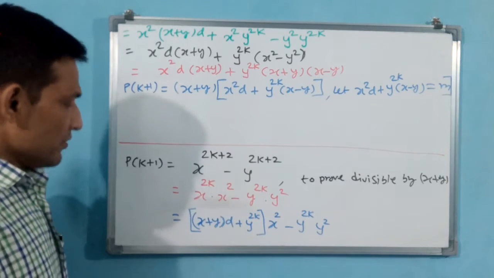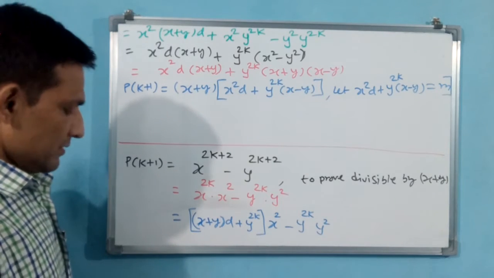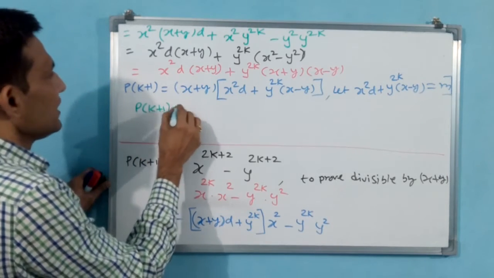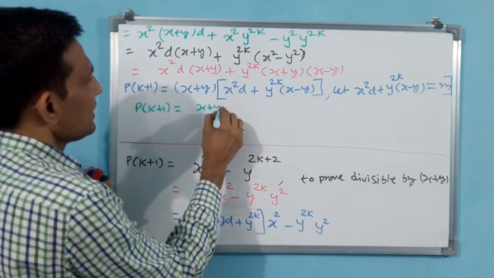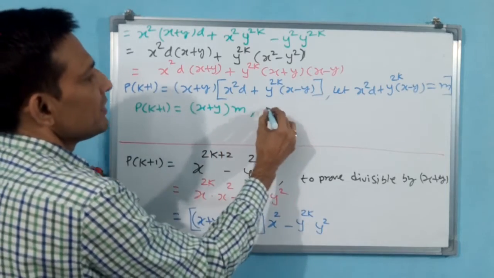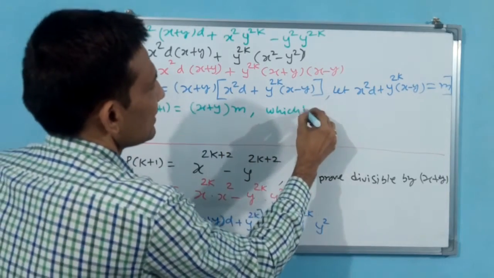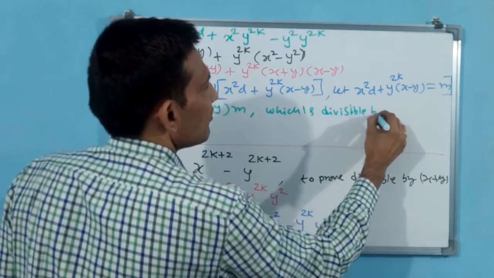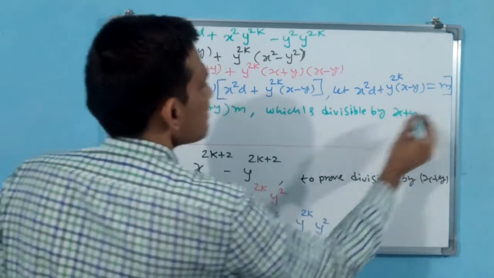Now this statement, how can you convert? Finally, P of k plus 1 is equal to x plus y into m, which is divisible by x plus y.